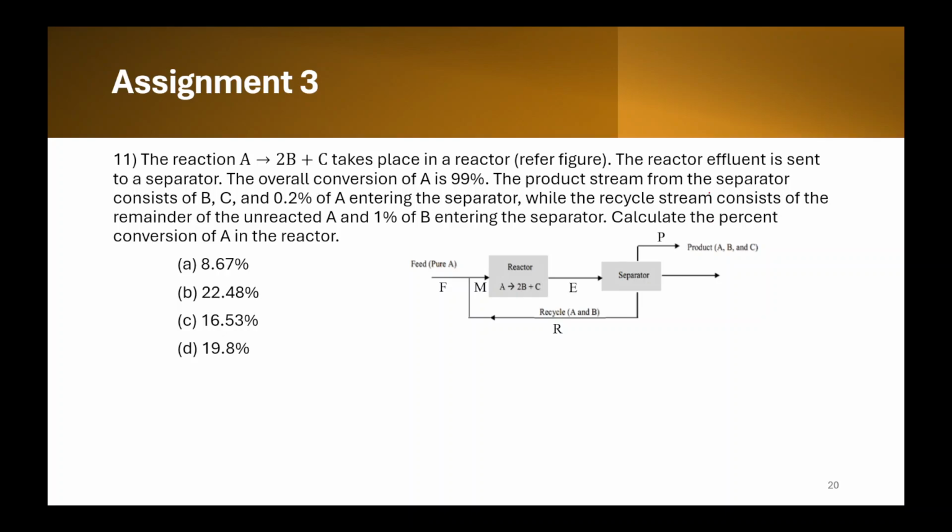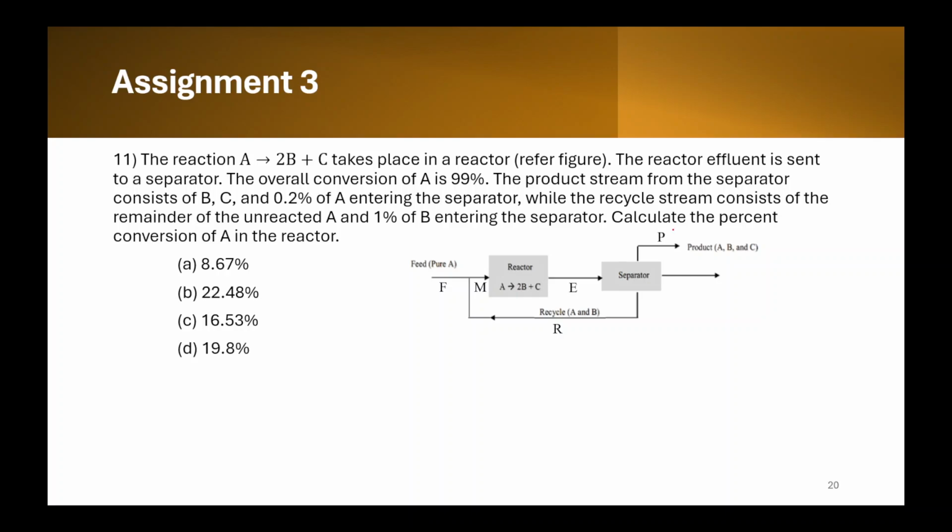The product stream from the separator consists of B, C and 0.2% of A entering the separator. So product stream is P, and it has some quantity of B, C and has 0.2% of A entering the separator. So whatever A is coming into the separator, 0.2% of A is here in this product stream.